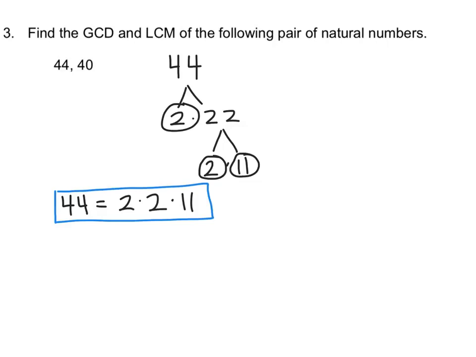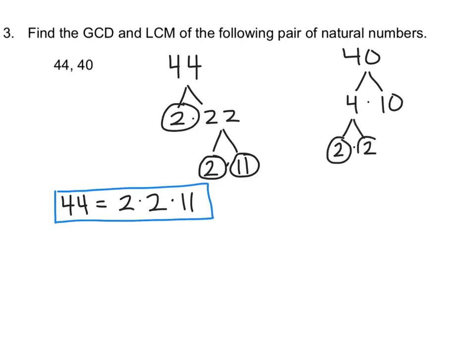Now I'm going to do the same thing with the number 40. So I need to ask myself, what times what will equal 40? Well, I know that 4 times 10 is 40, and then 4 is 2 times 2.